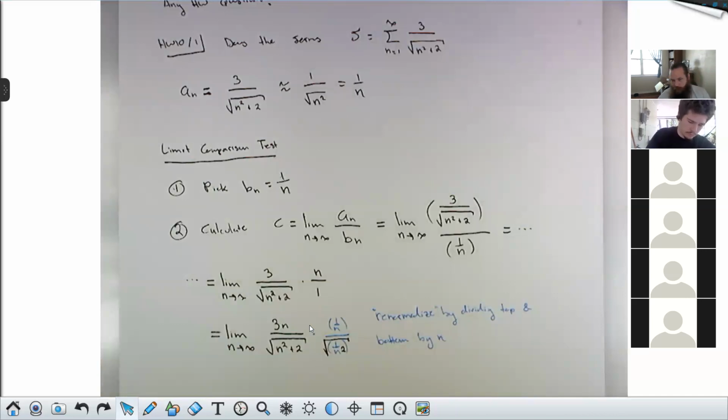It's a trick that's supposed to be taught in section 2.6 in Calc 1, but I think not everybody gets to see it. So yeah, common trick. When you need to combine something that's not in a square root with something that is in a square root and the things are being multiplied, just take the thing that's not in the square root and write it as the square root of that thing squared. That allows you to put them together because now they're one square root times another square root. So these guys can talk to each other.